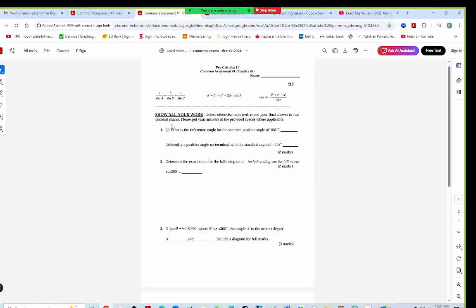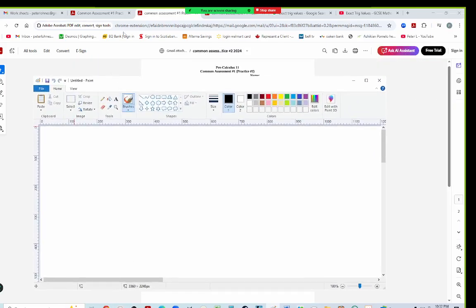So what is the reference angle for 168? If you just know it, you can say, "Oh, I know that," and stop me. But for the reference angle of 168, you always have to draw the Cartesian plane, go all the way here and say, "Okay, that's 168."